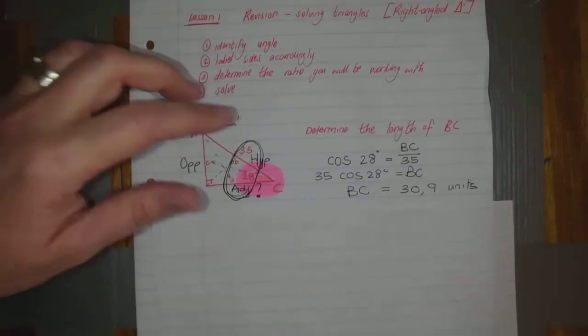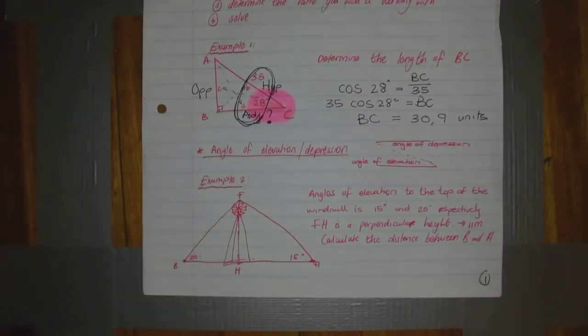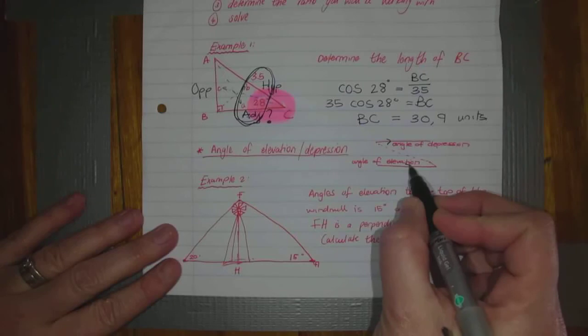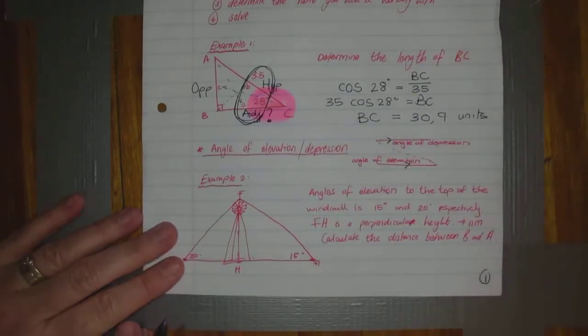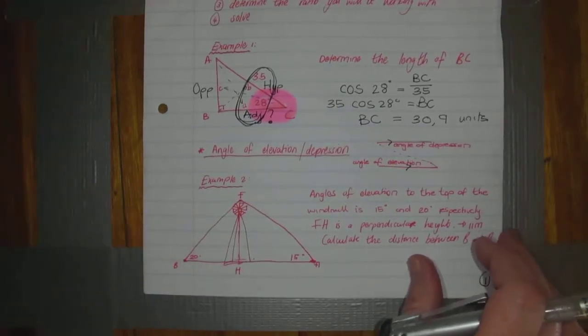Also done in grade 10 is angle of elevation and angle of depression. So just to recap it, if I have two parallel lines, depressed, I'm looking down, elevate, I'm looking up. Okay, that's the long and the short of that.